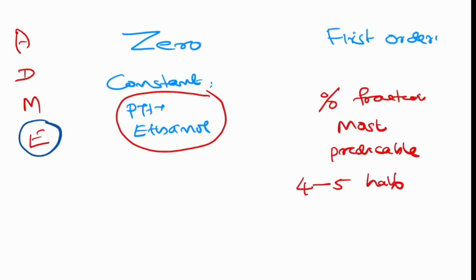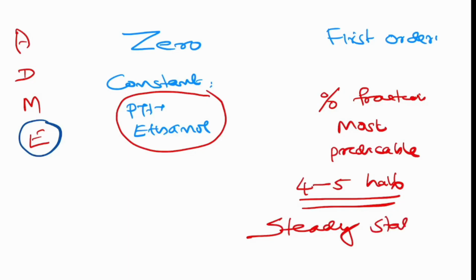If you are administering continuous dosing, after 4 to 5 half-lives of continuous administration, steady state is achieved. So that is the importance of remembering this.